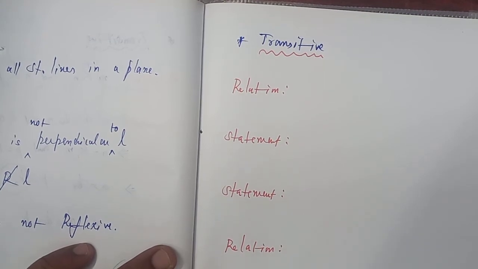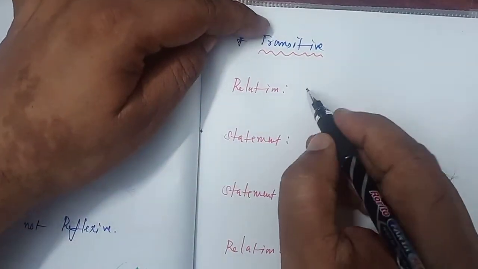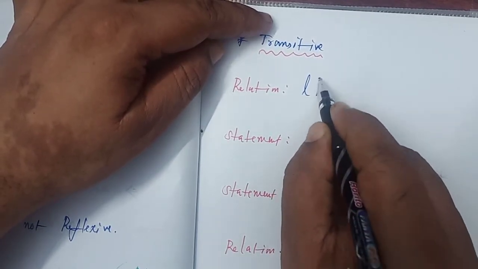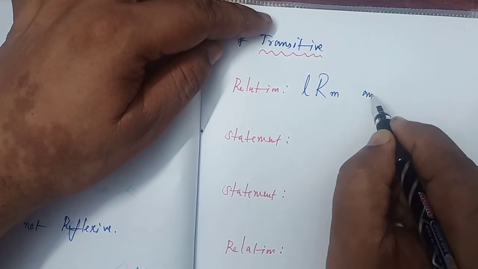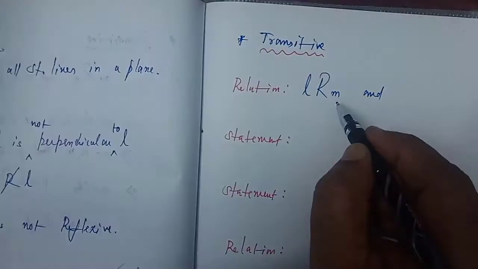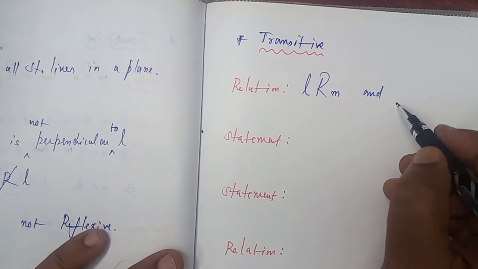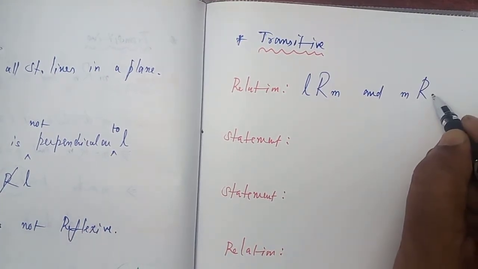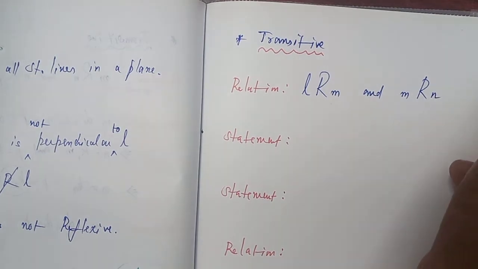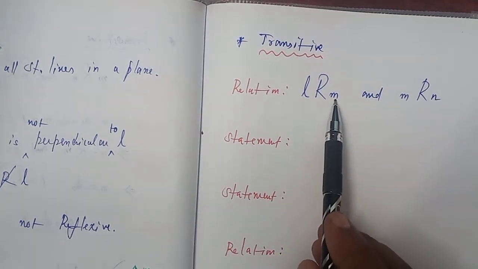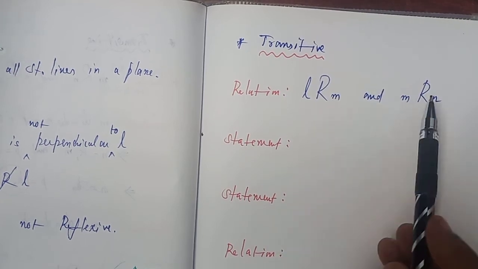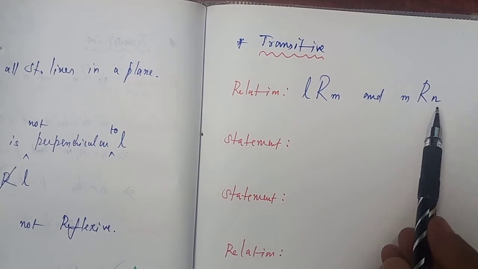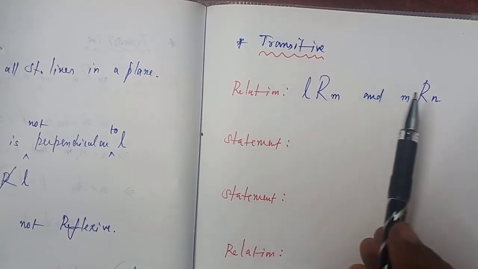For the relation, here you have to consider three lines. L is related to M. Here it ends with M, so you have to consider M is related to some other line, which I consider as N. Here it ends with M, here it starts with M, so continuity is there. The starting one is L and the ending one is N. We have to verify L is perpendicular to N.